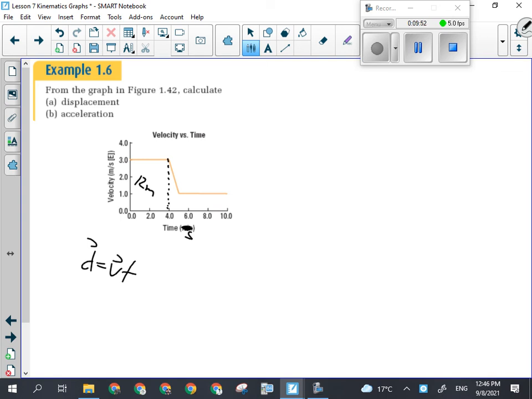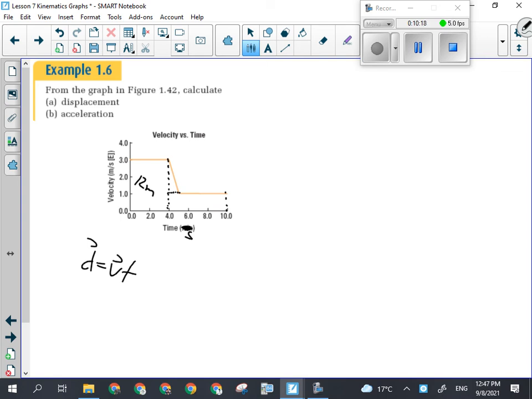It's slowing down. So if it's slowing down, then I have to take into account that its average velocity is halfway between its top and bottom. So what I'm going to do is have this box down here represent how far it would go if it traveled at this final velocity for the last 6 seconds, because that's what it's essentially doing, plus how far it travels while it's slowing down.